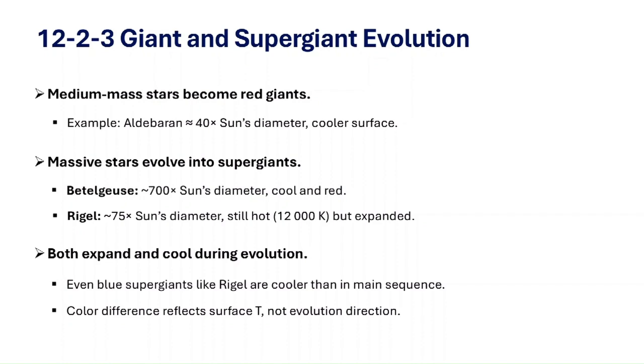And they have expanded and cooled compared to their main sequence state, even if they still appear hotter than red giants. So in summary, stars become giant or supergiants depending on their initial mass. So expansion is the key, and cooling of the surface gives us the red or blue colors we observe.